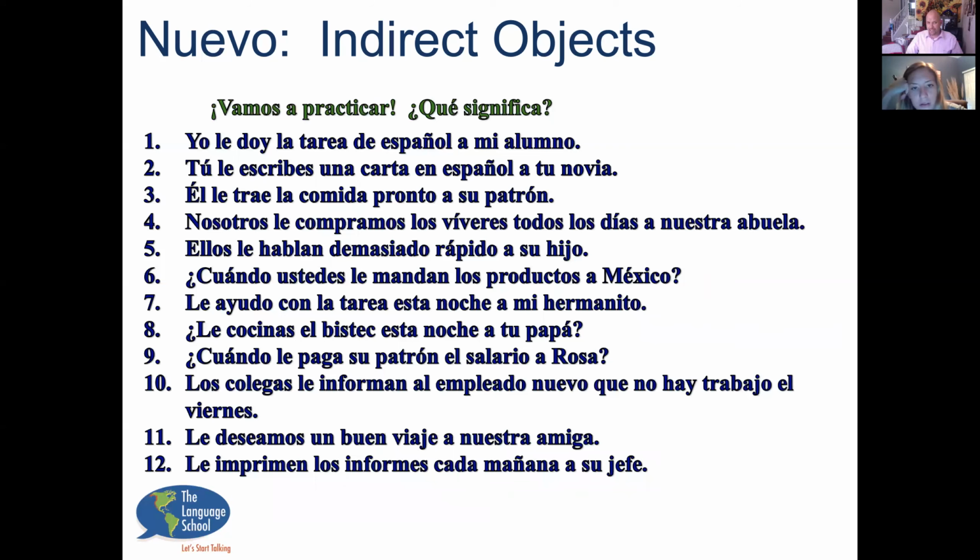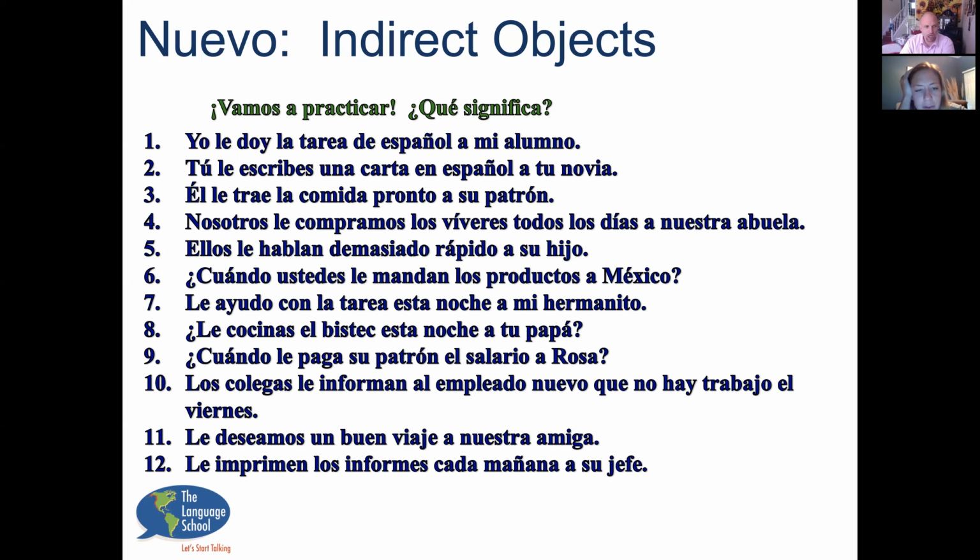Yo le doy la tarea de español a mi alumno. I give the Spanish homework to my student. Muy bien. Tú le escribes una carta en español a tu novia. You write a letter in Spanish to your girlfriend. Muy bien. Él le trae la comida pronto a su patrón.